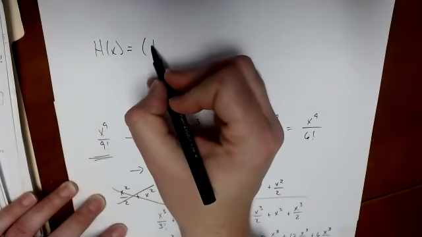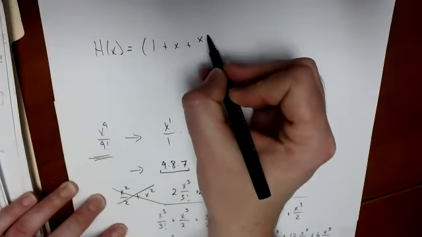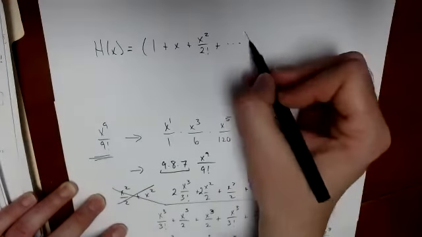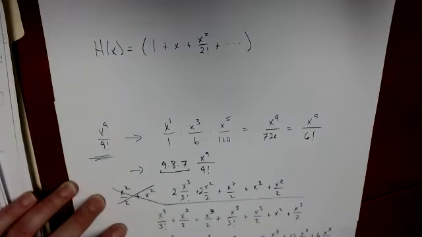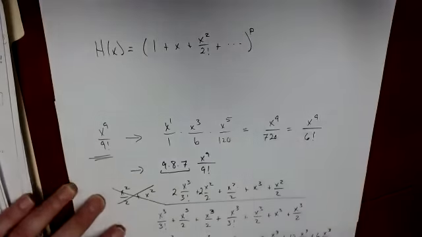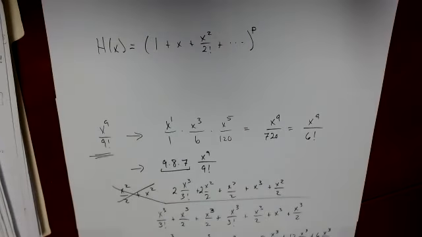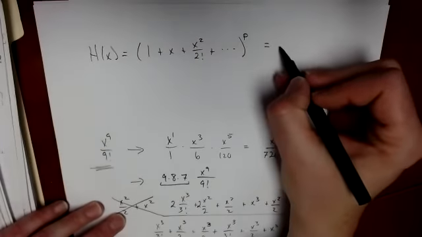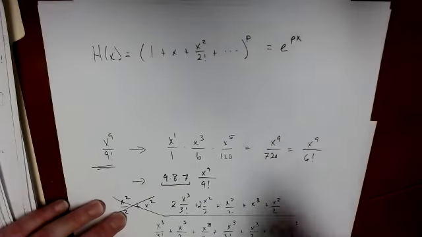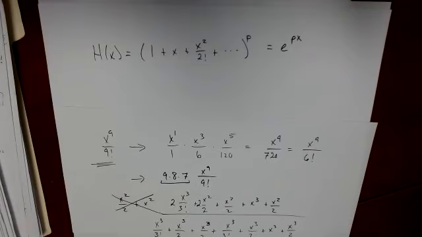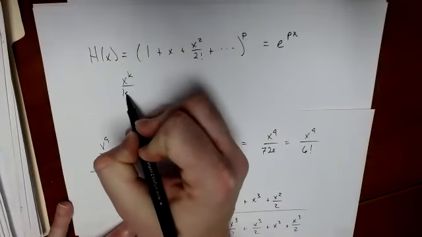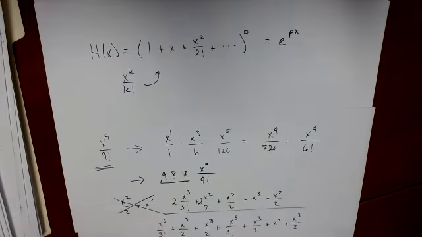Well, it would be 1 plus x plus x squared over 2 factorial plus so on, and it would just be that to the p, which is, by the way, just e to the px. And so we'd be looking for the coefficient of x to the k over k factorial in that.